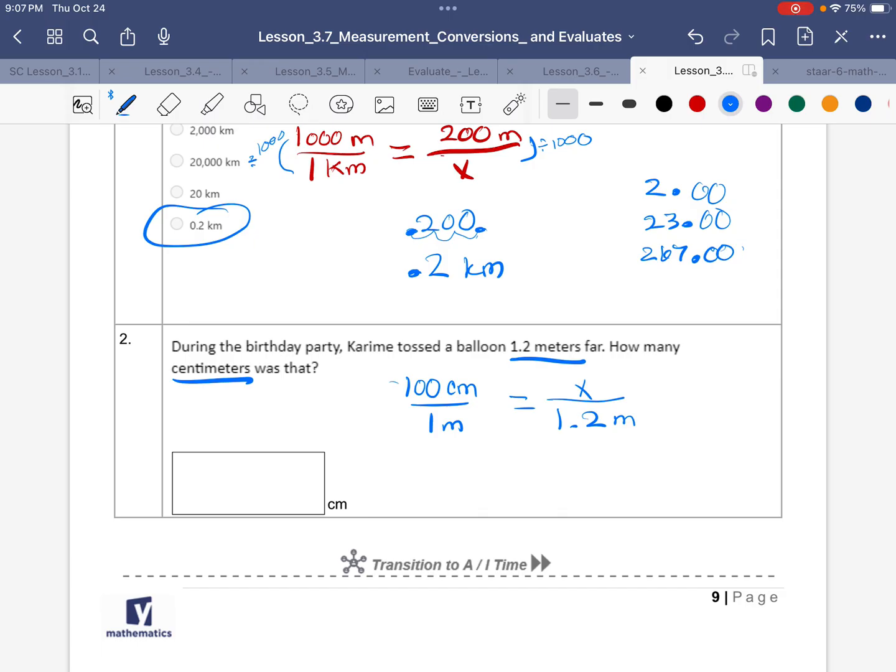Again, here to here would be times 100. So we can do the same to get our centimeters over here. We got 1.2 times 100. It's 2 zeros, so move that decimal 2 places. Then you have to fill in your blanks with a 0. So you end up with 120 centimeters. There you go.